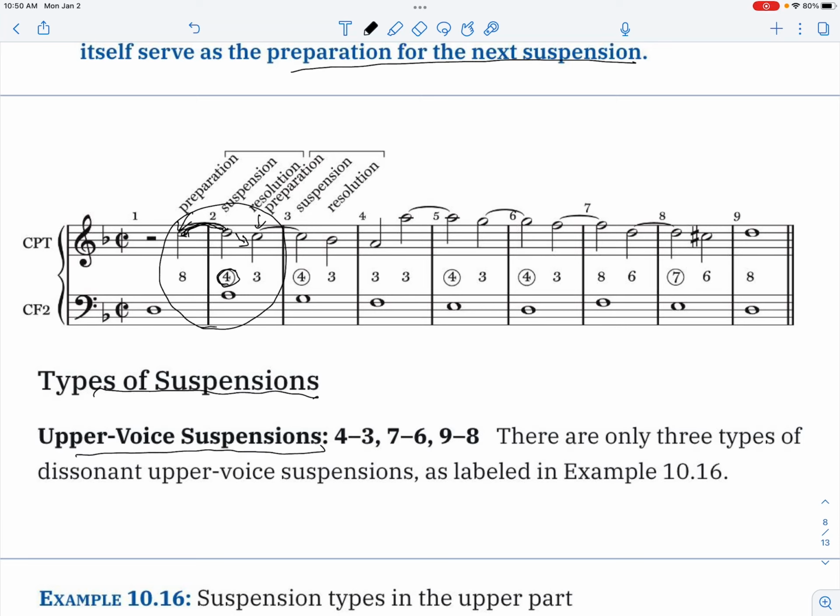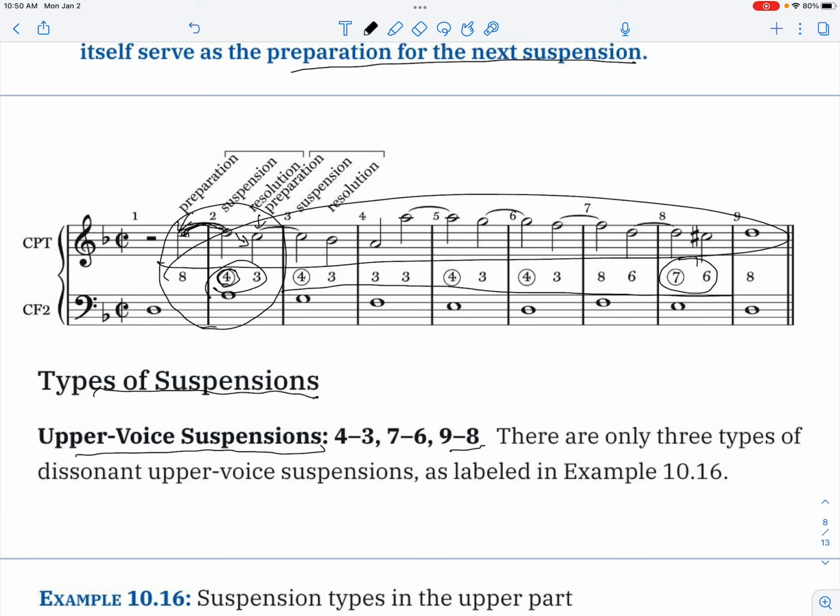For an upper voice suspension, they have 4-3 suspension, 7-6 suspension, and there's also 9-8 suspension. This is only the labeling of the interval. This one is a chain of suspensions, and I'm not requiring you to learn to write them. I just want you to recognize them.